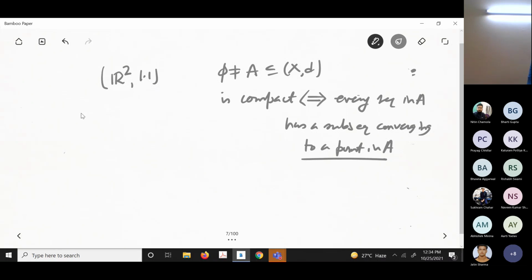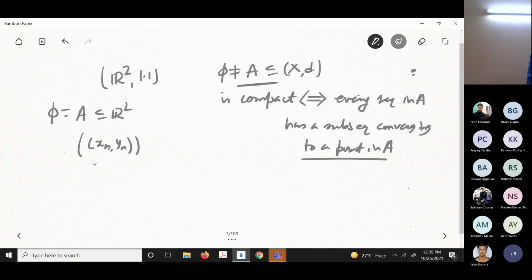So take a subset of R square, of course not empty, and take a sequence. It will come like this, right? Okay, right. Now, A itself is closed and bounded.